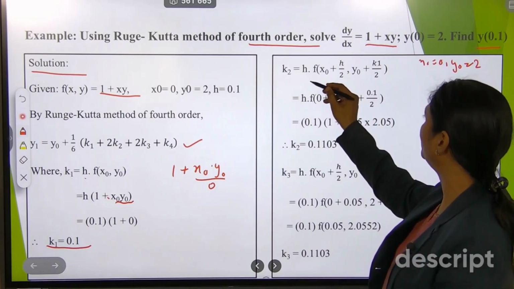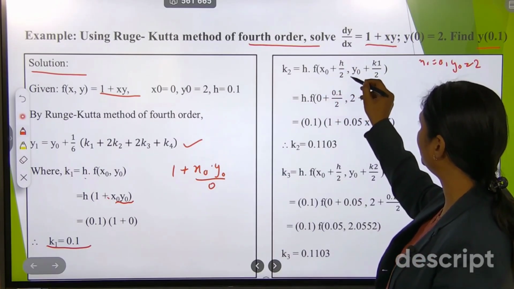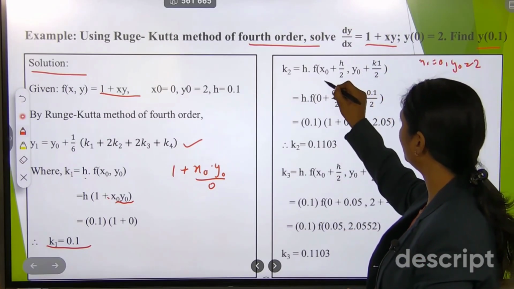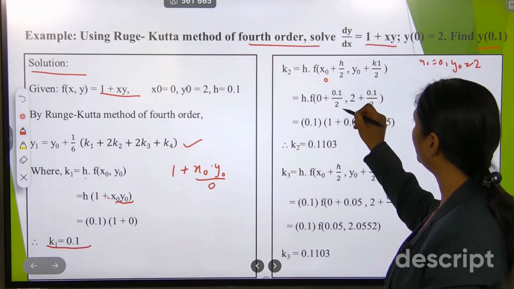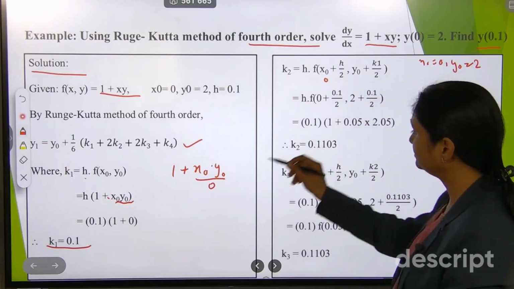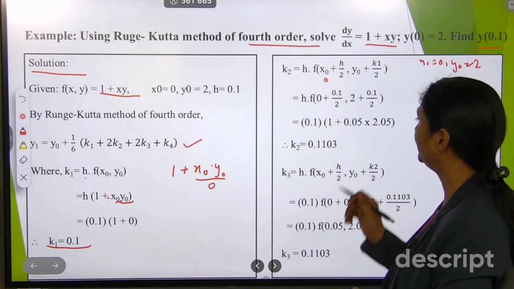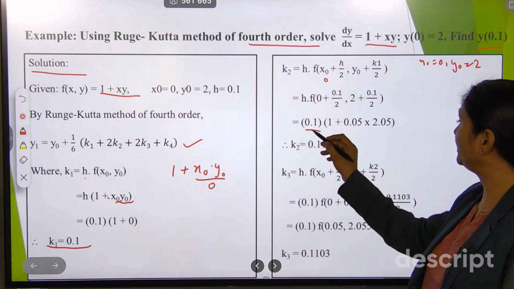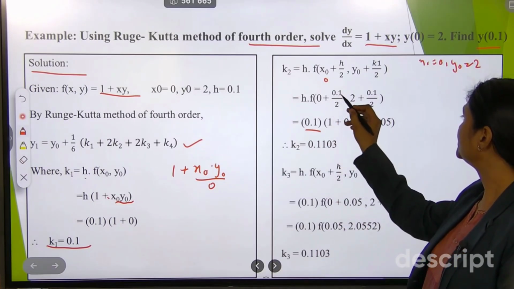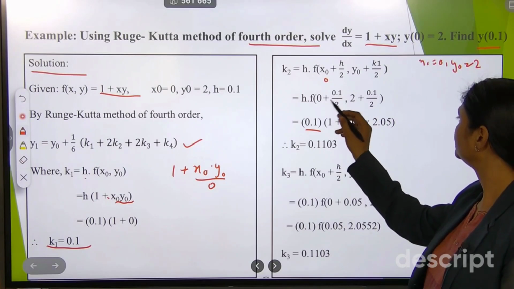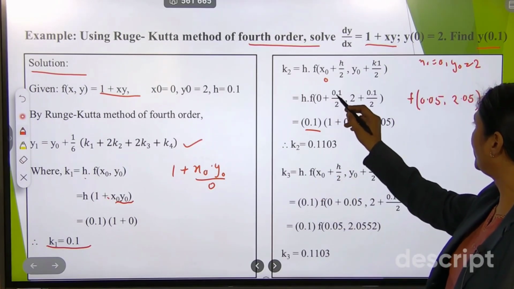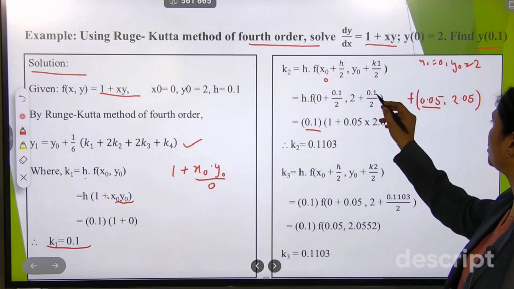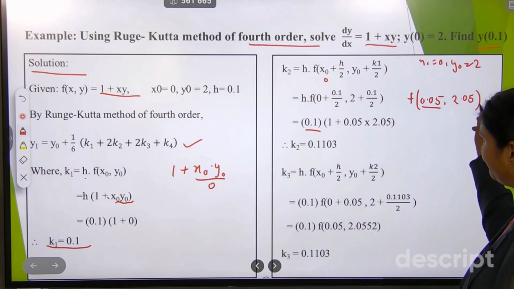Now to calculate k2, the formula is h into f of x0 plus h by 2, comma y0 plus k1 by 2. Here x0 is 0, h by 2 is 0.1 upon 2, y0 is 2 and k1 we got 0.1 divided by 2. H is 0.1. So putting all the values, we get 0.1 into f of 0 plus 0.1 upon 2, that is 0.05, and 2 plus 0.1 upon 2, that is 2.05.